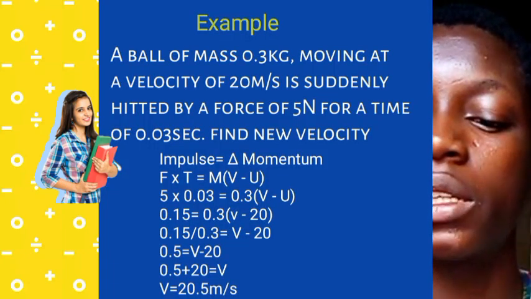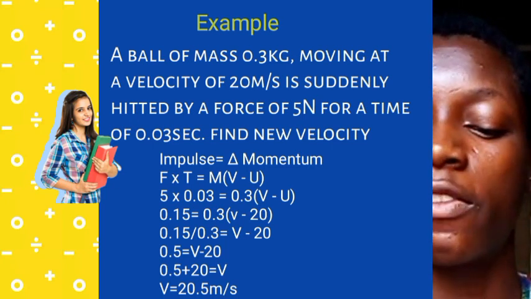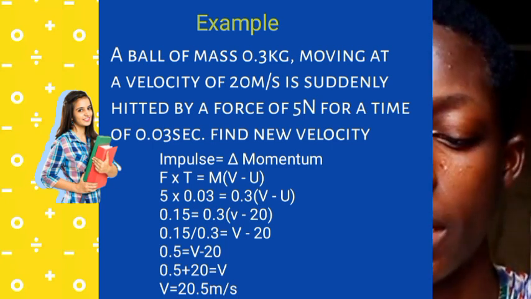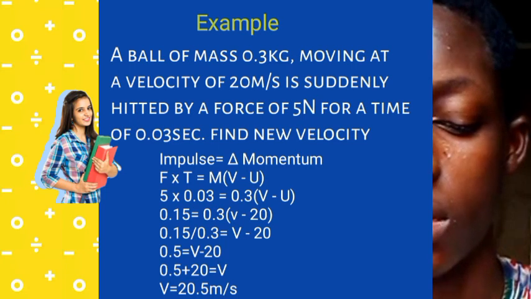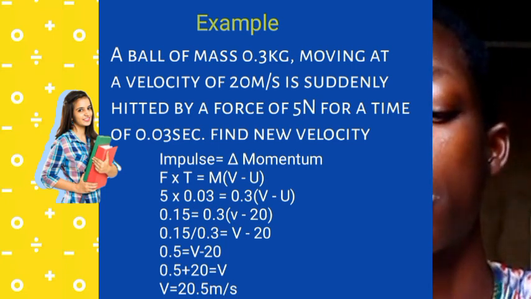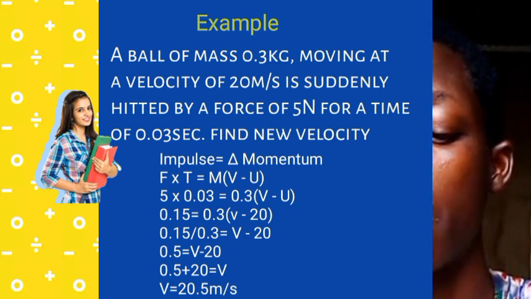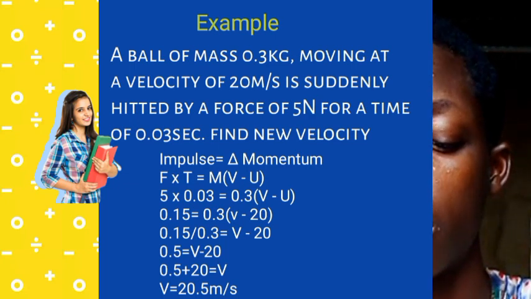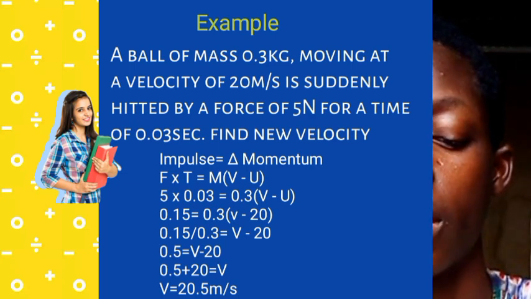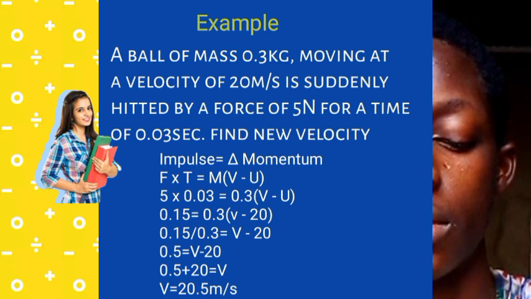Let's solve some examples. A body of mass 0.3 kg moves at a velocity of 20 meters per second. It's suddenly hit by a force of 5 Newton for a time of 0.03 seconds. Find the new velocity.